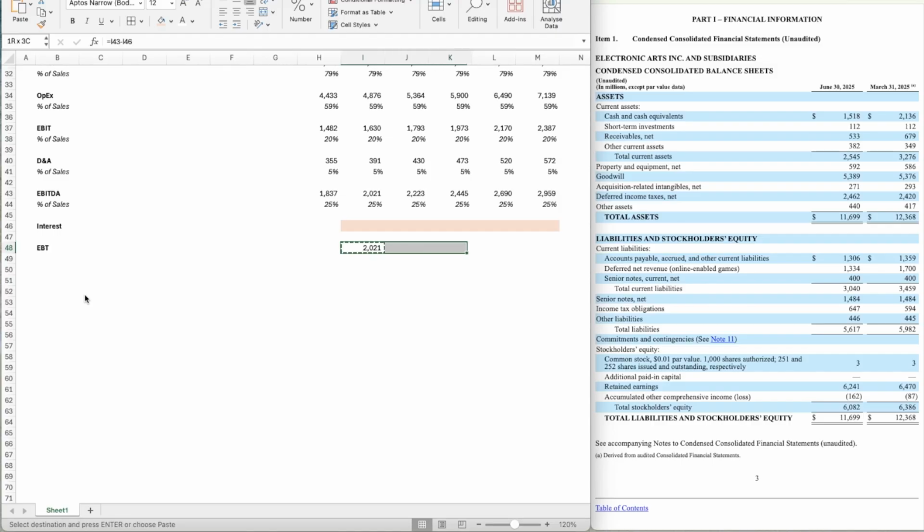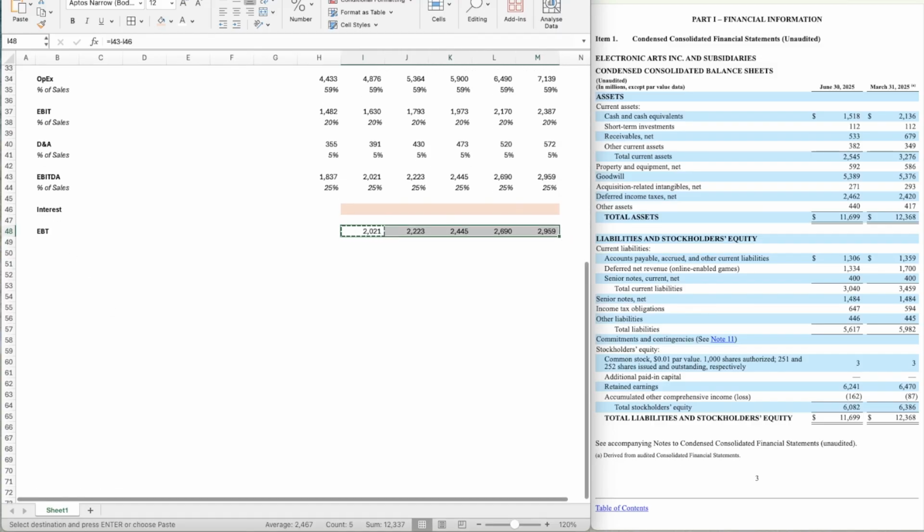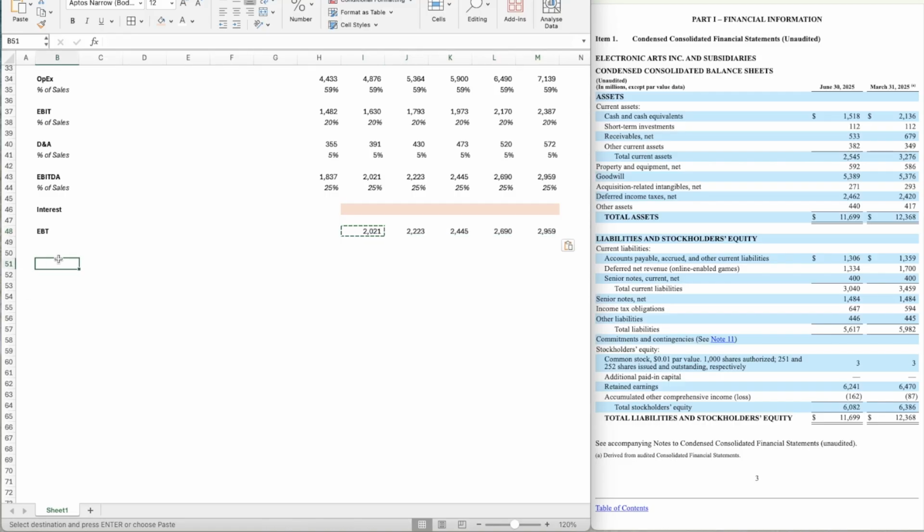Let's just get it set up now so that we're ready. Then we have the taxes.